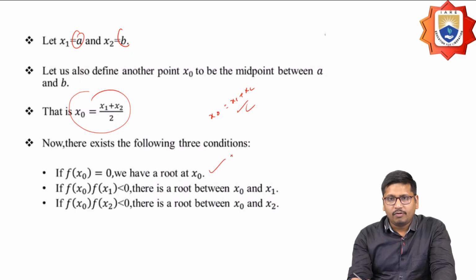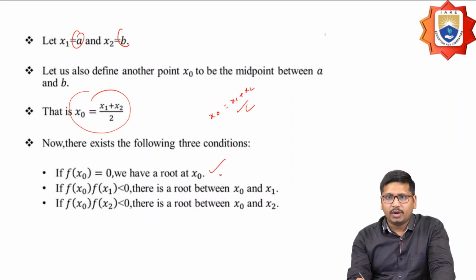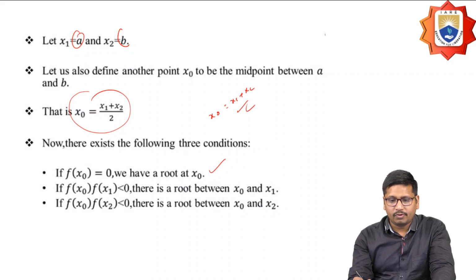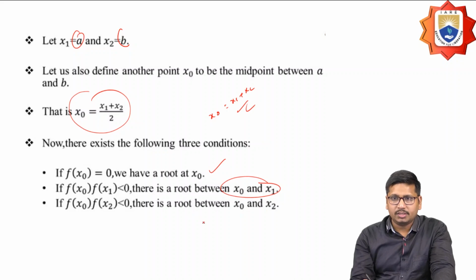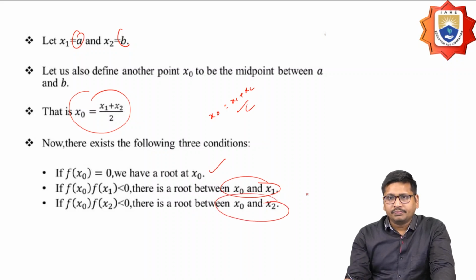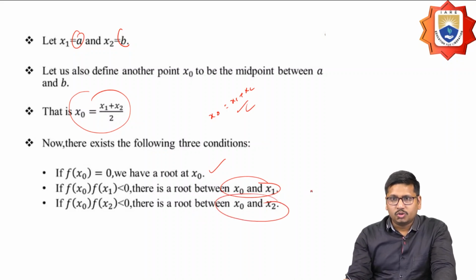If f of x0 is 0, then the root is at x0. If f of x0 times f of x1 is less than 0, then the root lies between x0 and x1. If f of x0 times f of x2 is less than 0, then the root lies between x0 and x2.